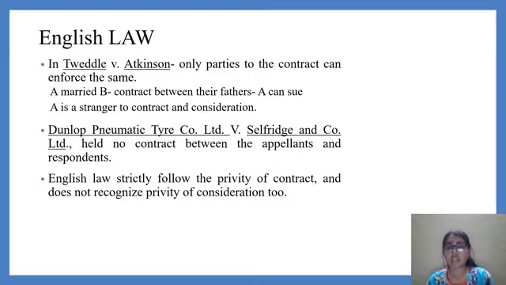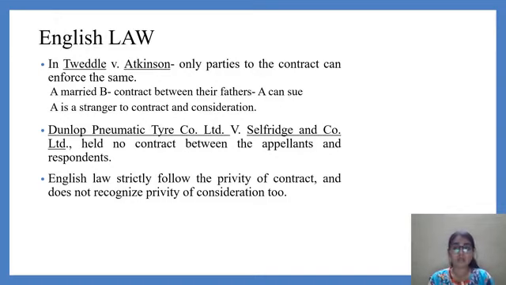So in this particular case, A and B both got married, and A is the boy and B is the girl. But A's father and B's father both entered into a contract stating that both of them will pay a certain sum of money, or a certain allowance, to A, and if any failure occurs, then A can sue for the same.